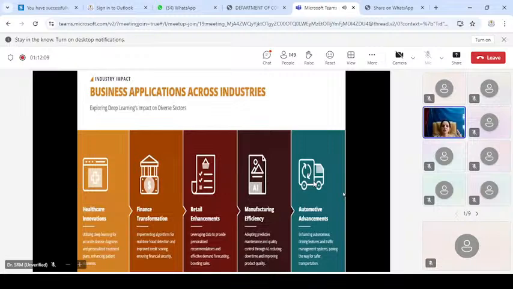Means they are reducing costly breakdowns. They are optimizing the production schedules. The robotics and automation systems, which are again guided by DL models, are taking on complex tasks such as quality control and assembly line work. Means they are ensuring there is precision and consistency. So in addition, DL is being used to optimize supply chains.